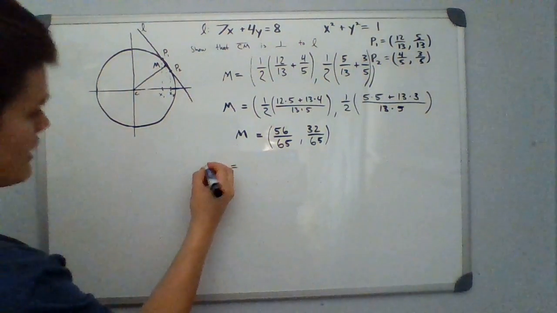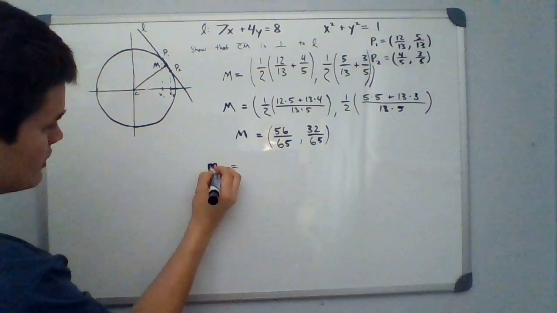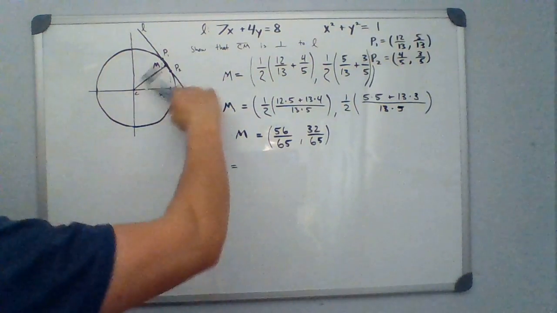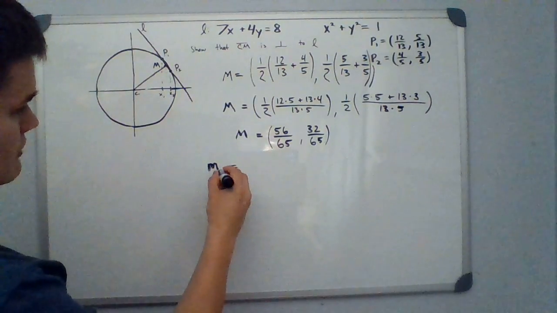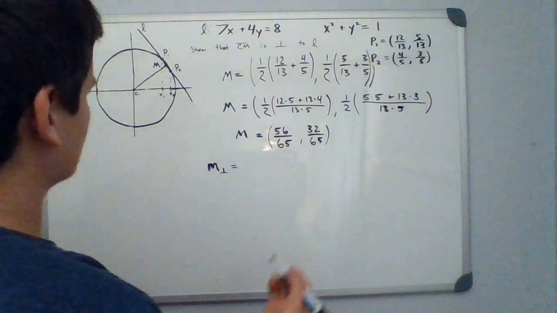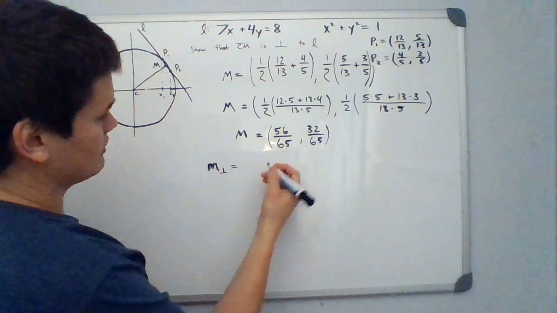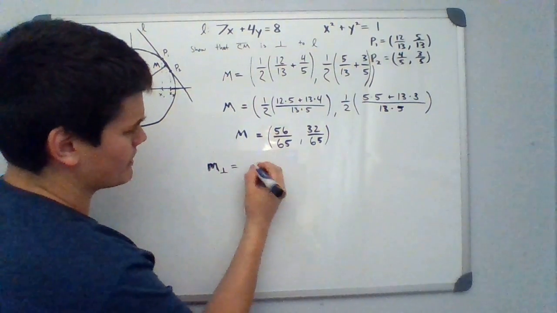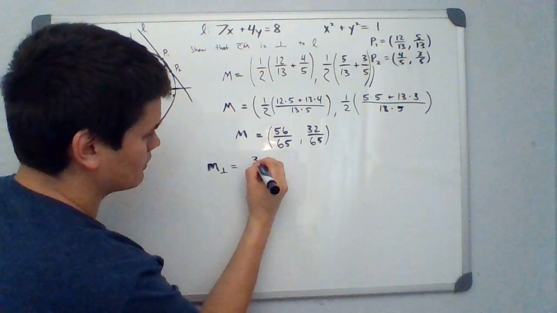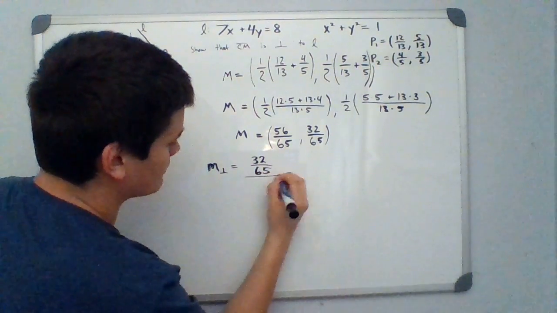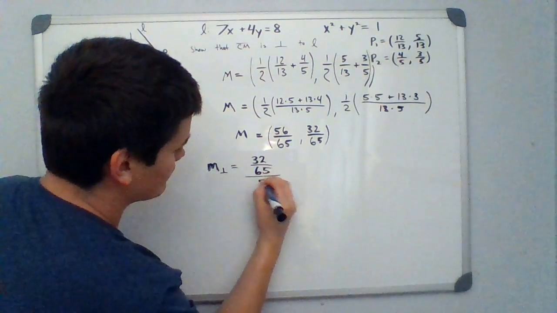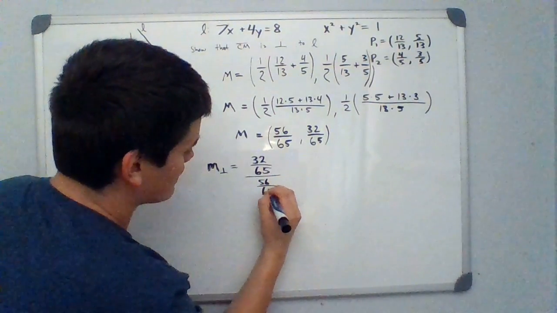The little case m usually stands for slope, and I want the perpendicular slope to the line. So I take the y value of M, 32 divided by 65, and divide that by 56 divided by 65.